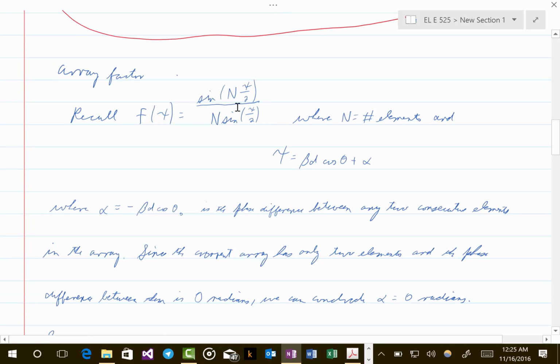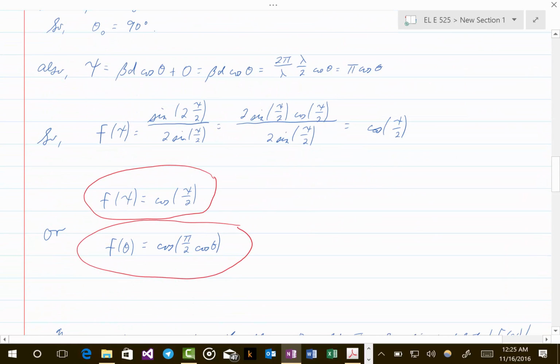But going ahead and substituting n equals 2, since the array under consideration has only 2 elements, our expression for f of psi is sine of 2 psi over 2 divided by 2 sine of psi over 2. And remember that the sine of twice an angle is 2 times the sine of the angle times the cosine of the angle, so we get that in the top and 2 sine psi over 2 in the bottom.